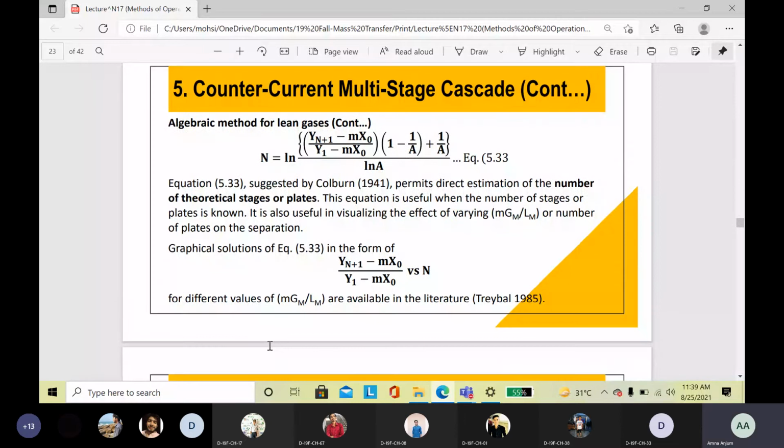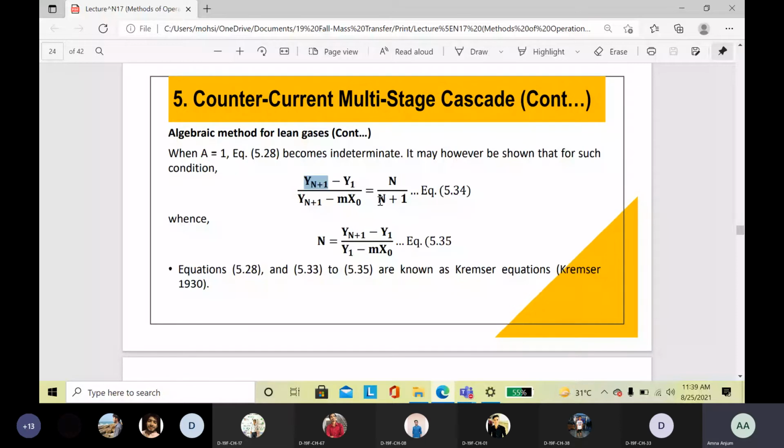When A equals 1, that is the absorption factor equals 1, we can simply write the equation, this, where n equals (y_{n+1} - y1)/(y1 - mx0).